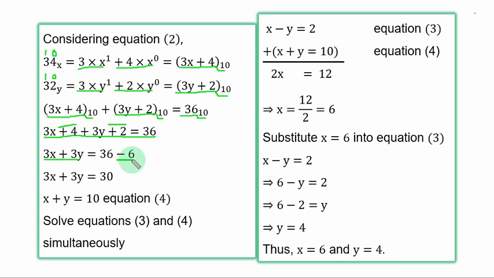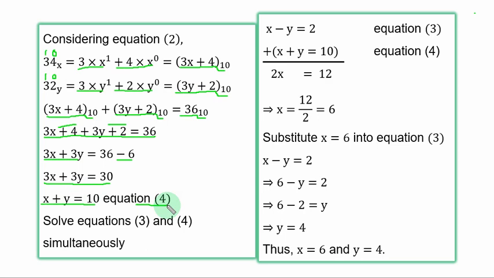So you have 3s plus 3y equal to 36 minus 6. It follows that 3s plus 3y is equal to 30. Divide through by 3, you have s plus y equal to 10. You call that equation 4.